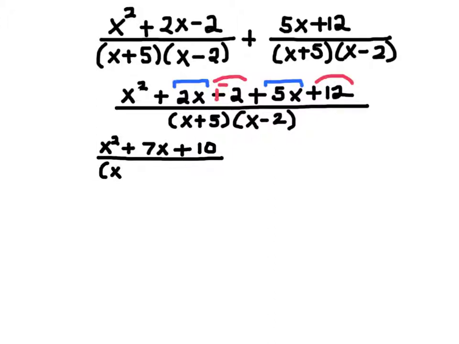It's factored. When you're writing your final solution to a problem, it really doesn't matter, unless you're specifically asked, whether it's a product of factors or a sum of terms.